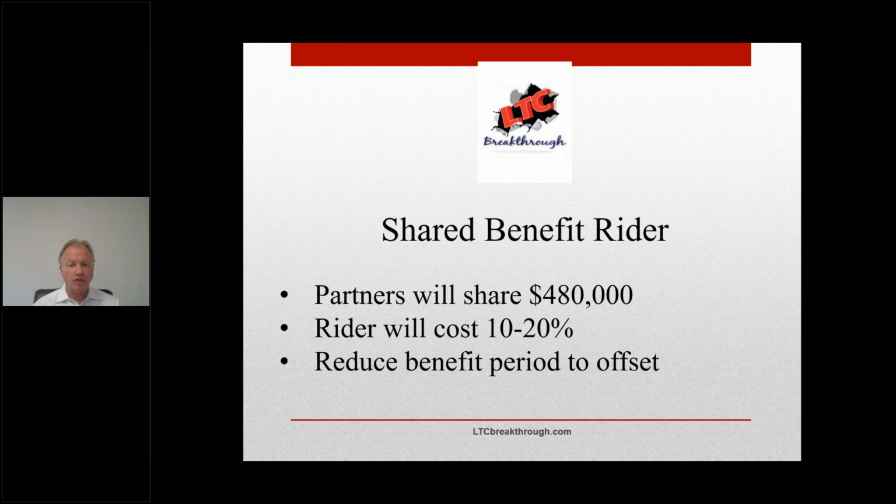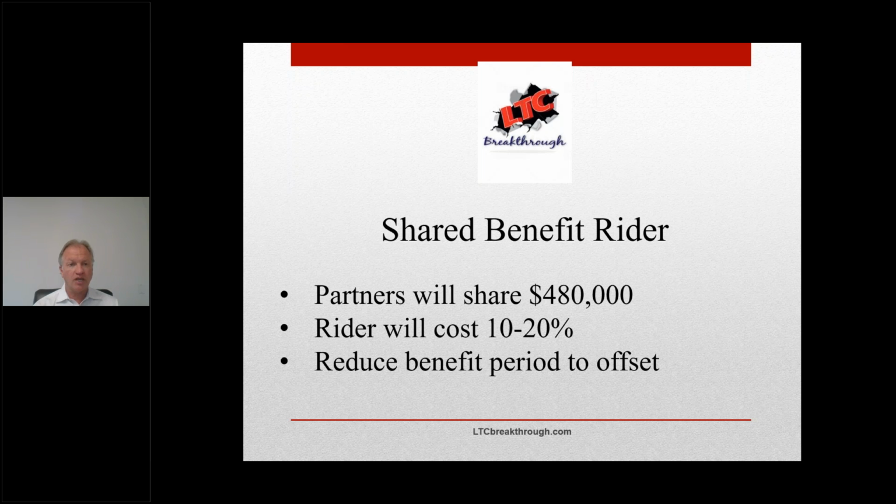The other great benefit is that if your spouse passes away and doesn't use their benefits, you would be allowed to keep all of those benefits, all of your unused spouse's benefits, and you only pay your premium from that point going forward.